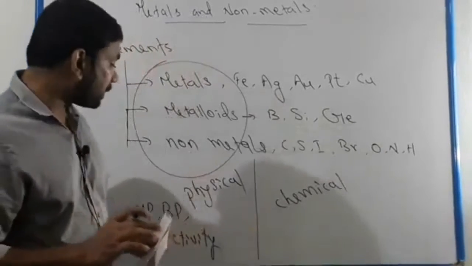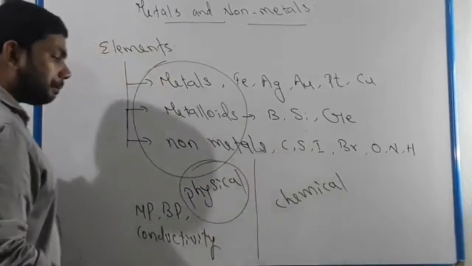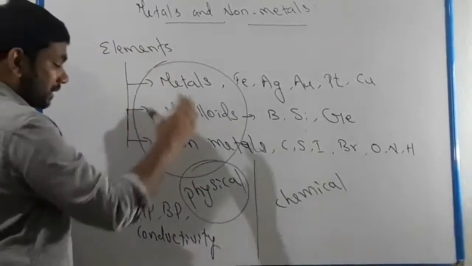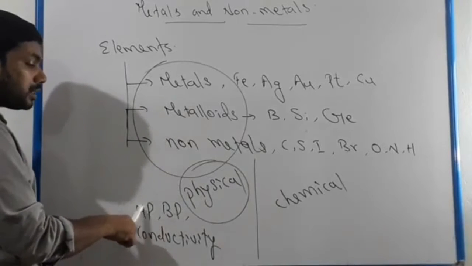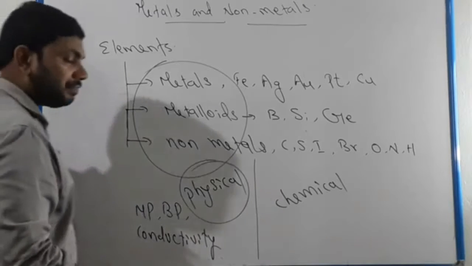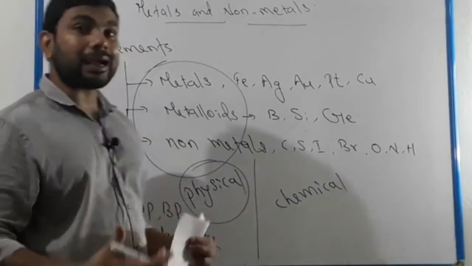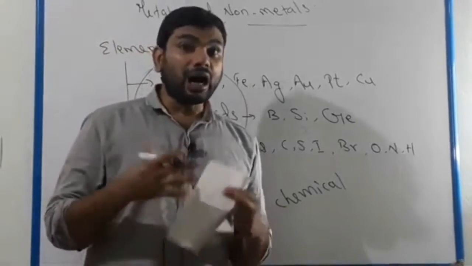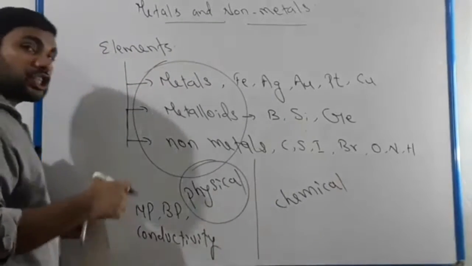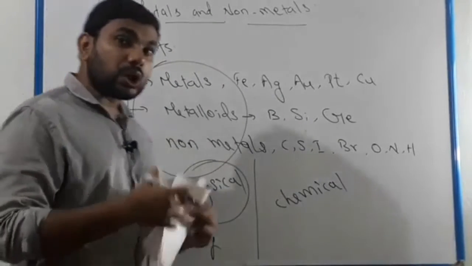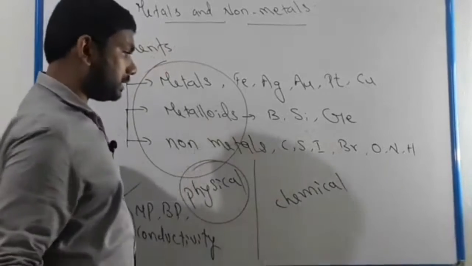Similarly, how they appear. Is the metal shiny or not shiny? These types of properties are called physical properties.